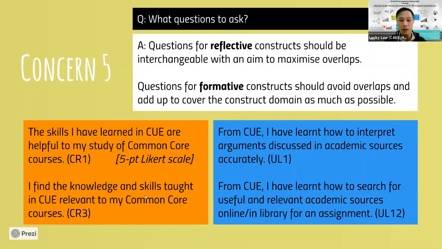I find the knowledge and skills taught in the CUE relevant to my Common Core courses. So actually the one in the orange box is the reflective construct, whereas the formative one focuses on different skills. Here we have, I have learned how to interpret arguments discussed in academic sources accurately. And also I have learned to search for useful and relevant academic sources online in the library for assignments.